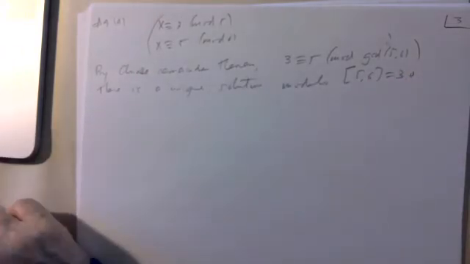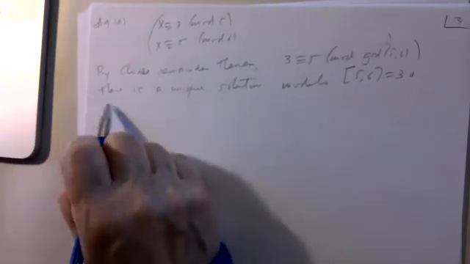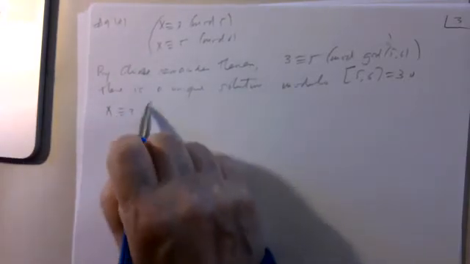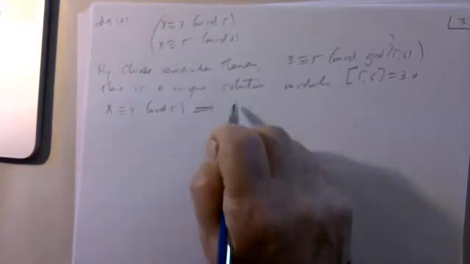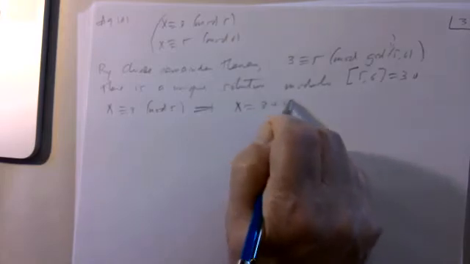So this tells us that the problem has a solution and we can find it. So if X is congruent to 3 mod 5, that means X is a number of the form 3 plus 5y.